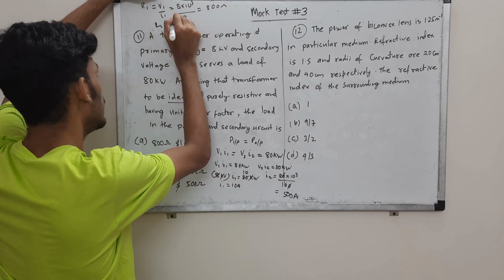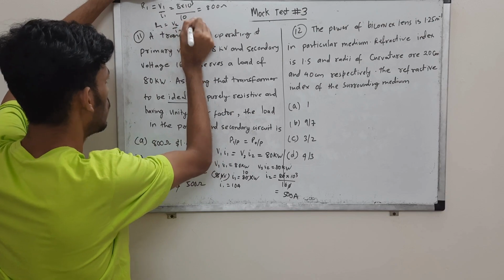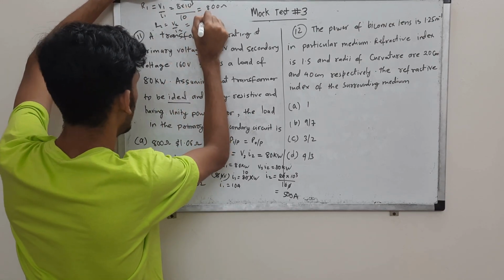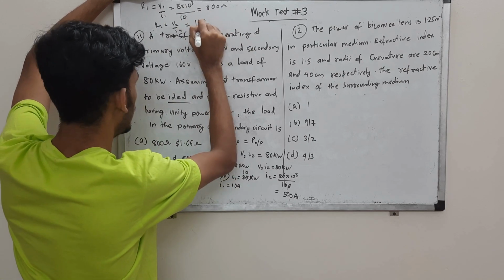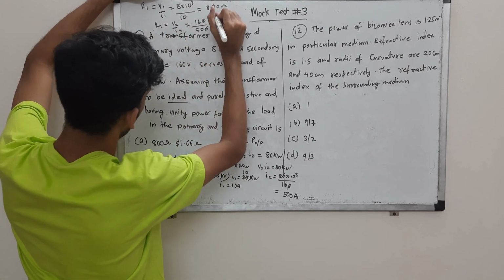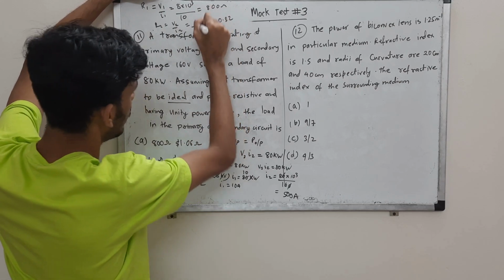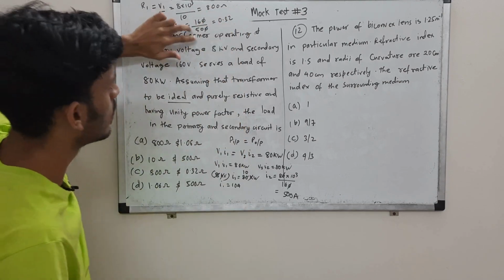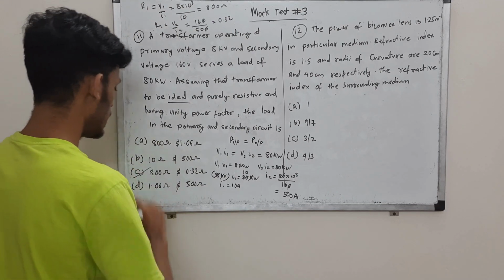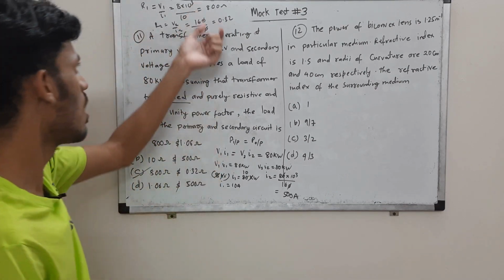R2 will be V2 by I2. V2 is 160, and I2 is 500. So it's 16 by 50, I think it's 0.32, just multiply 2 and divide 2. So this is 100 by 32, that is 0.32. So option C is correct over here, 800 and 0.32.